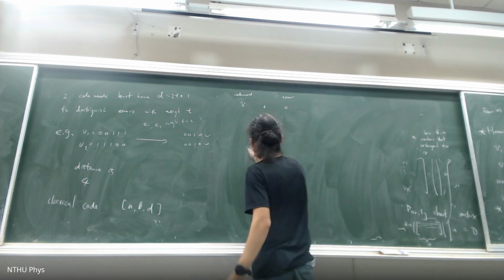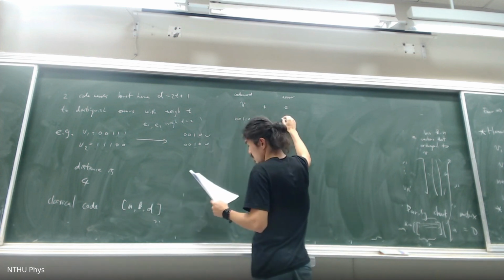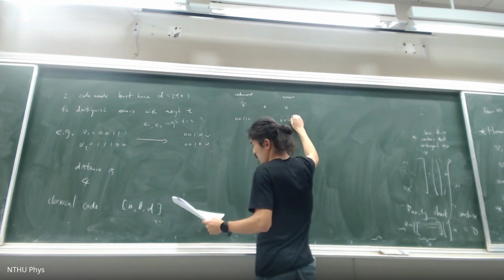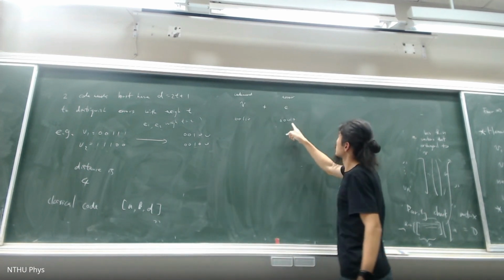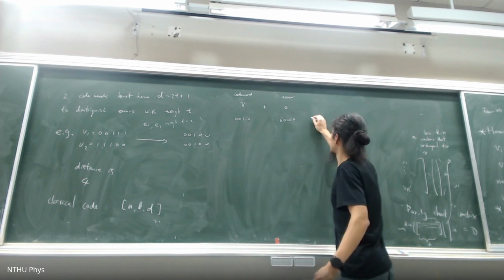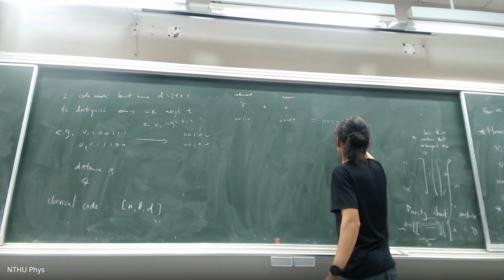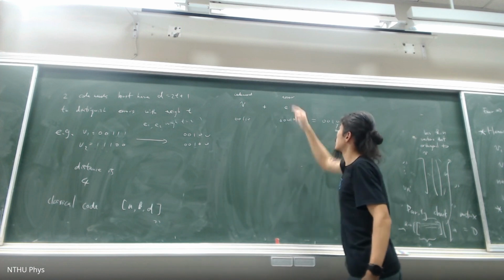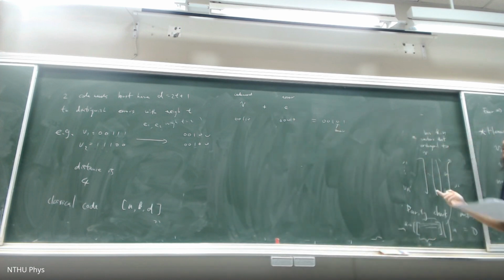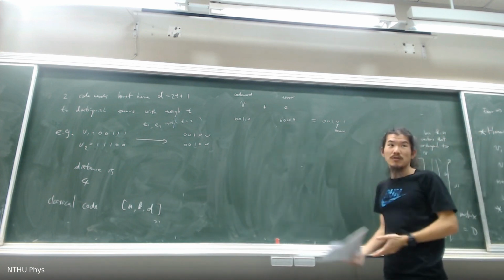For example, if this is 0, 0, 1, 1, 0 and this is 0, 0, 0, 1, 0, this indicates there's an error on the fourth bit. So this will be 0, 0, 1, 0, 0. Error happened. So I can use a vector in this F2^n vector space to characterize the error.